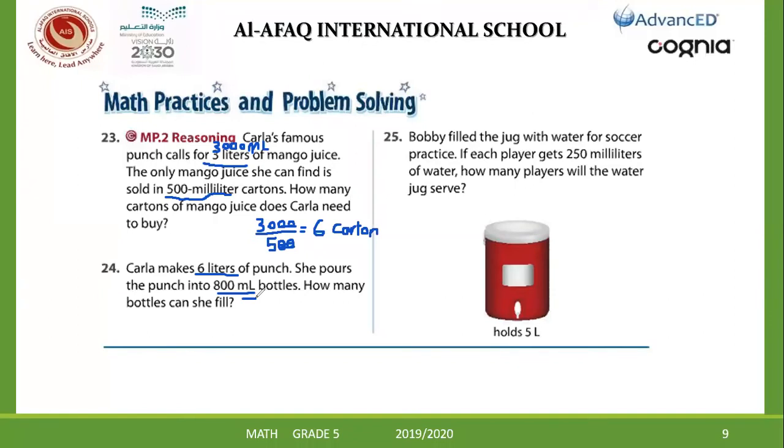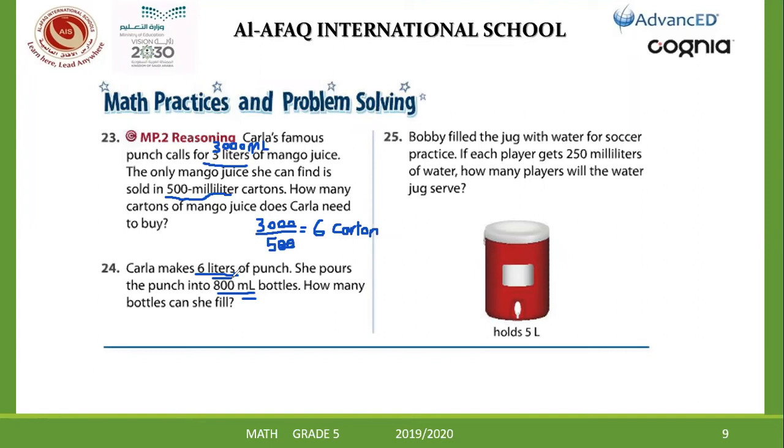No. So I have to get first the same units. I have to change the amount of 6 liters to an amount of milliliters.